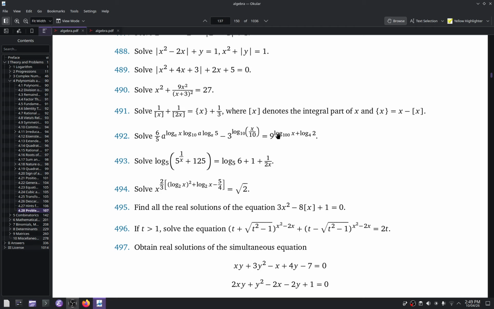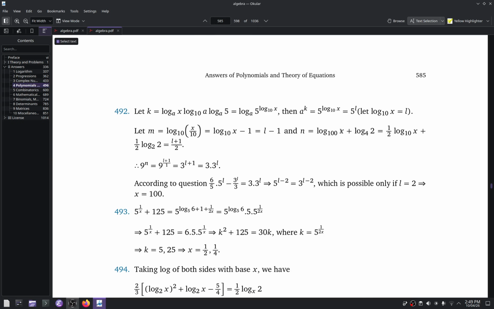Now we look at the power on the right hand side. So that was log of x with base 100 and log of 2 with base 4. So the first term can be written as half log of x with base 10 plus half log of 2 with base 2, which will be equal to L plus 1 by 2.